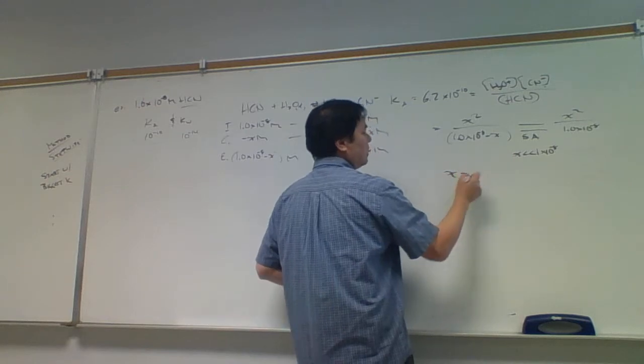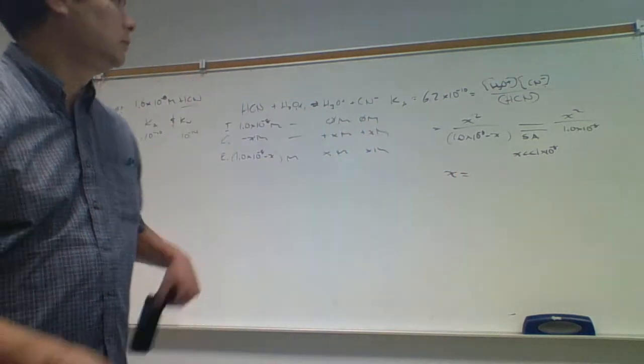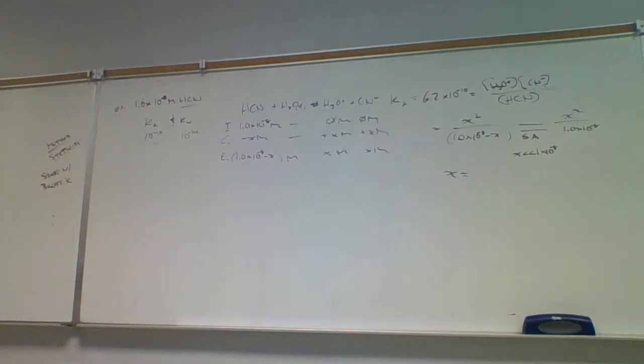And so this gives us an X equal to, okay, 6.2 times 10 to the minus 10 times 1 times 10 to the minus 8. I'm going to take the square root of that.